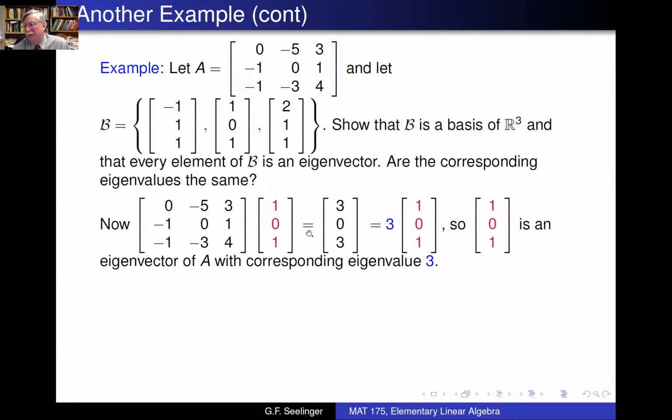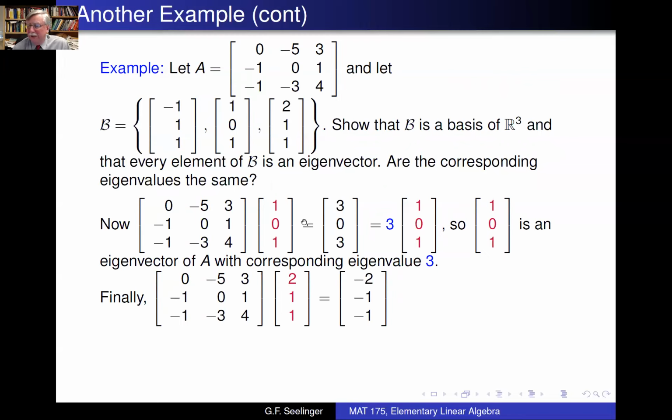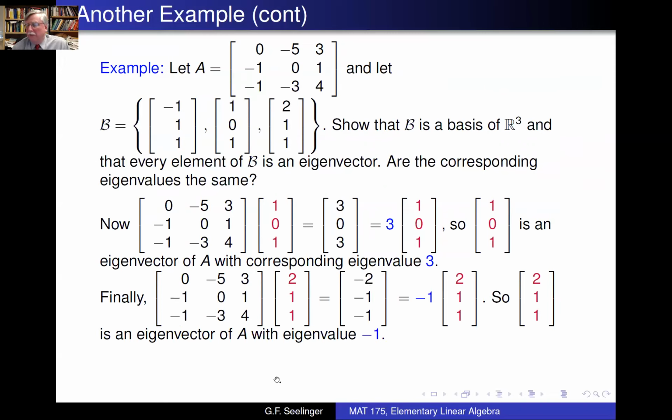What about this last one? If I do that, I end up with (2, 1, 1), and I end up with (negative 2, negative 1, negative 1). Well, I've got a scalar multiple of the first one. It's just negative 1 times that. So (2, 1, 1) is also an eigenvector of A, with eigenvalue negative 1.